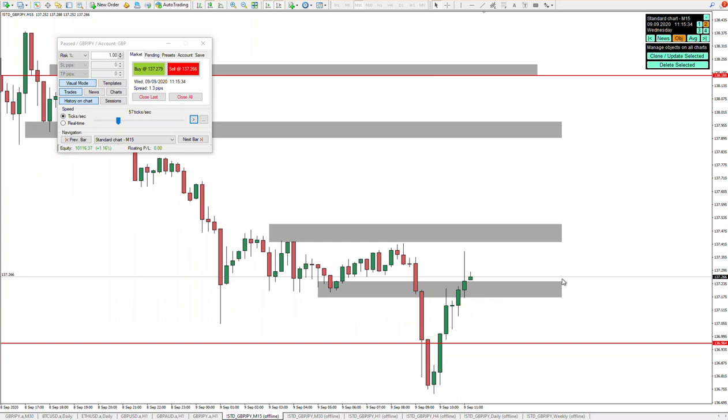Also, the body is quite small, and this wick suggests some rejection of this area. So the wick is not big enough to take a trade. 11 pips. Stop would be 10 pips. That looks okay. We could have a wick fill here. One can trade it on low risk, but I pass on this one.